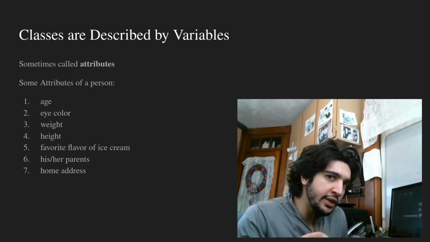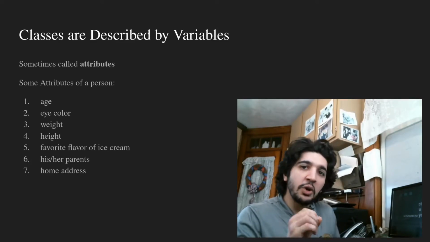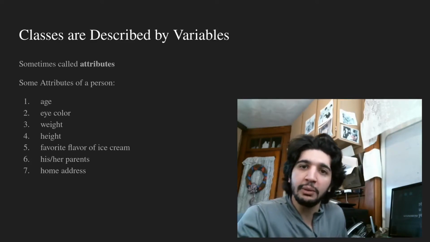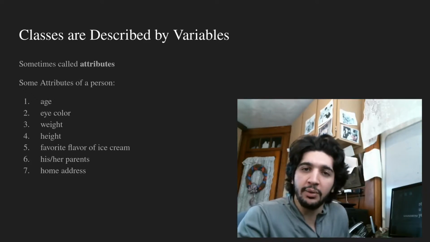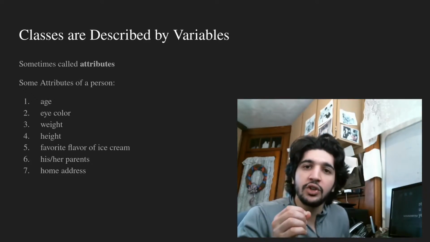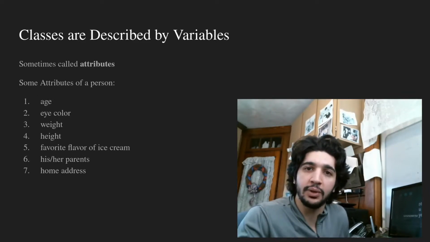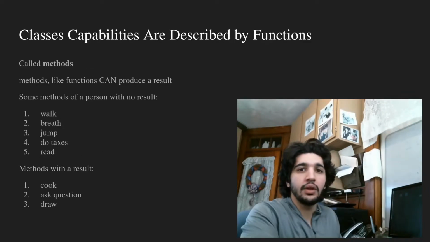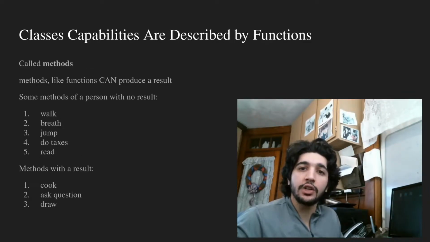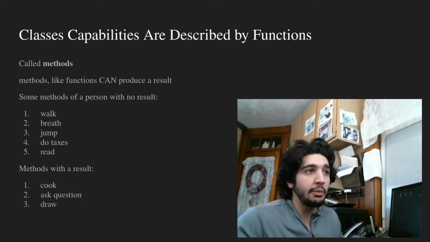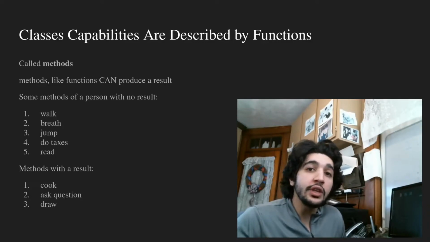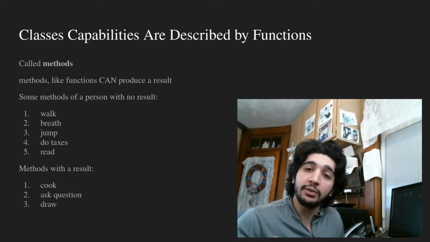If you rewind all the way back to when we first started talking about programming, these are variables, but they're attached to a class and they're called attributes. But a person is not only defined by their attributes, they're also defined by their capabilities. Now we call these methods, and these methods are just what we talked about in the first episode.